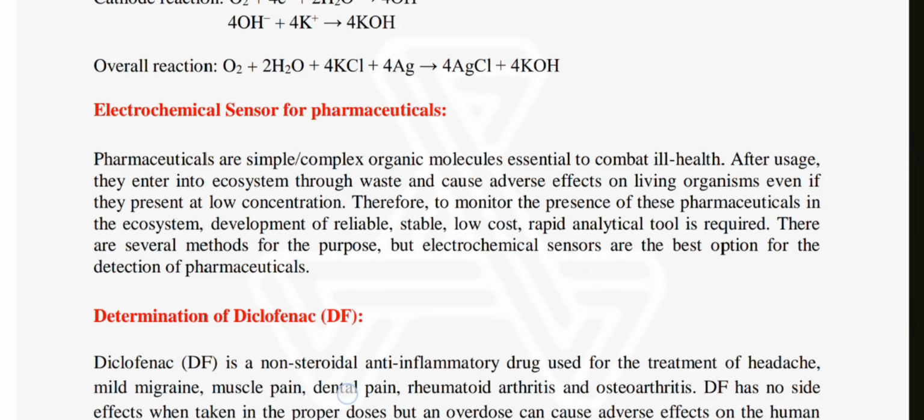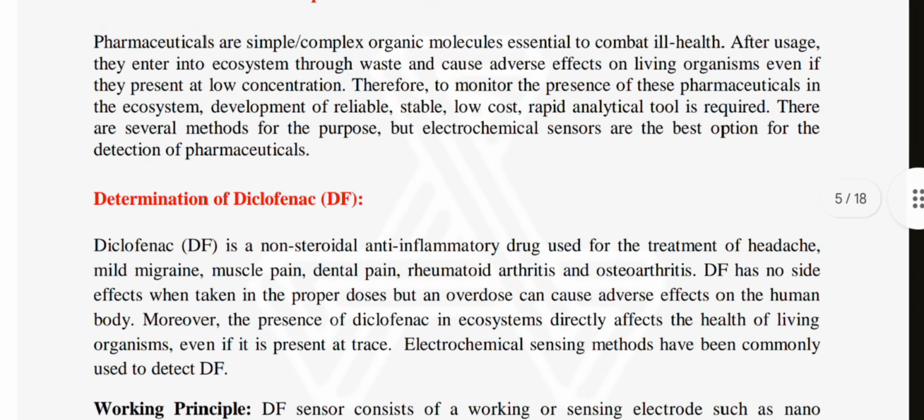Electrochemical sensor for pharmaceuticals. Pharmaceuticals are simple or complex organic molecules essential to combat ill health. After usage, they enter into the ecosystem through waste and cause adverse effects on living organisms, even if they're present at low concentration.